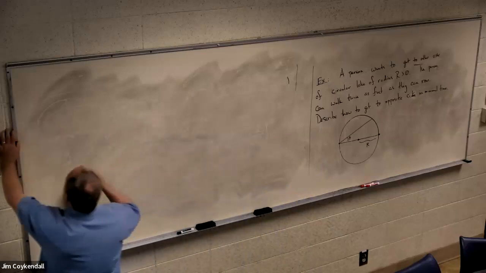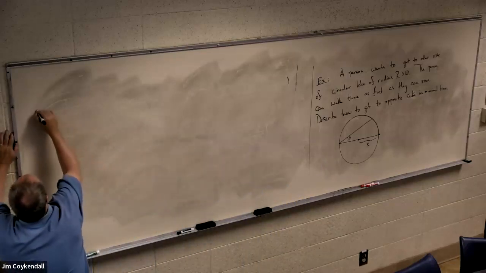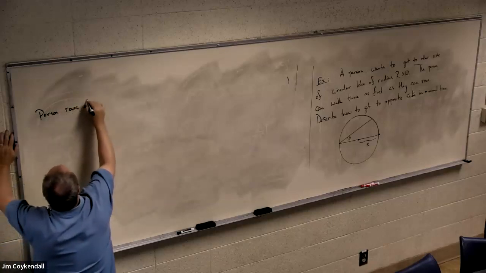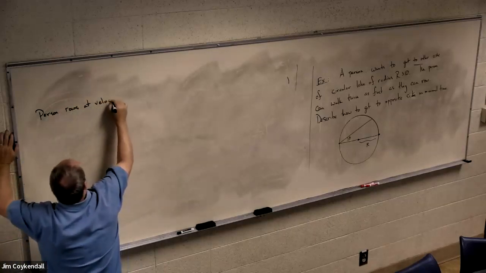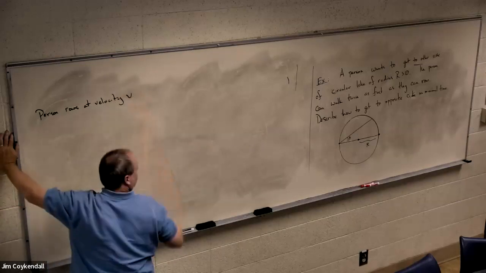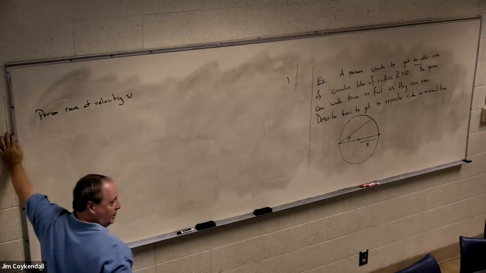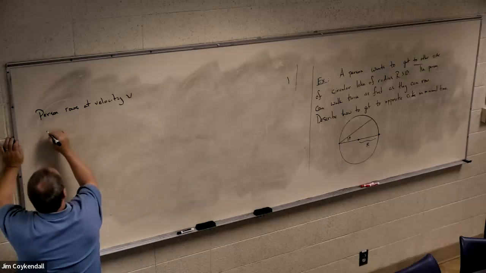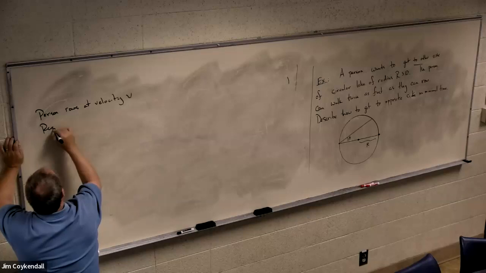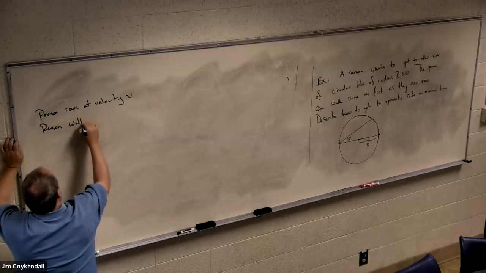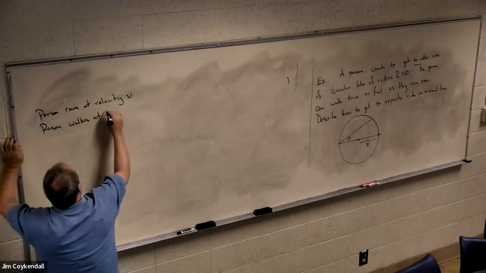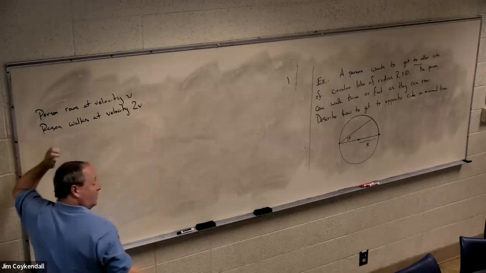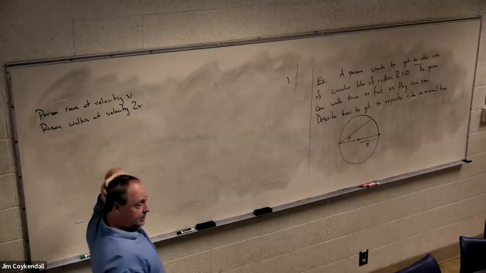Okay, let's suppose the person rows at velocity v. Notice the problem didn't tell me what that velocity is. And I know that the person walks at velocity 2v. They walk twice as fast as they row.